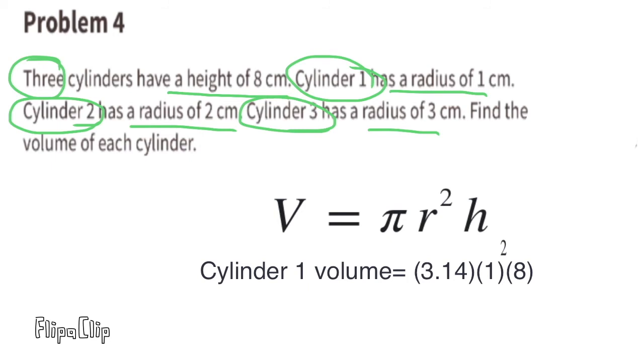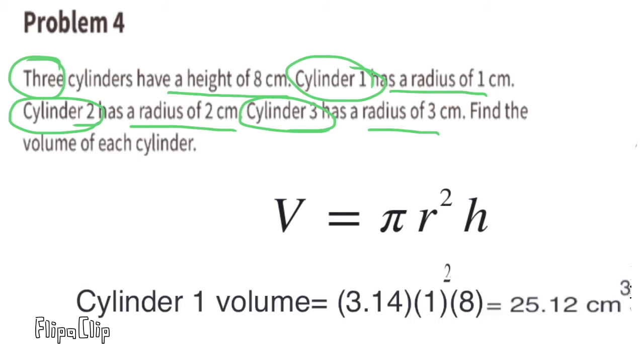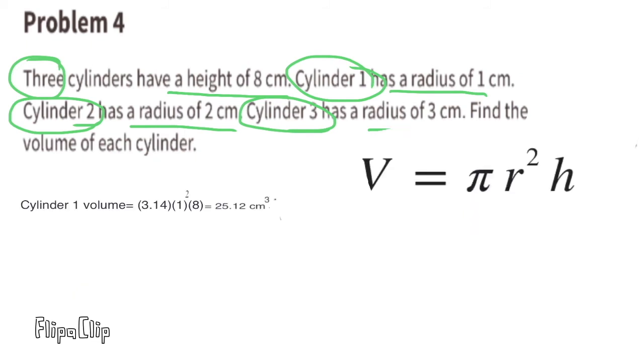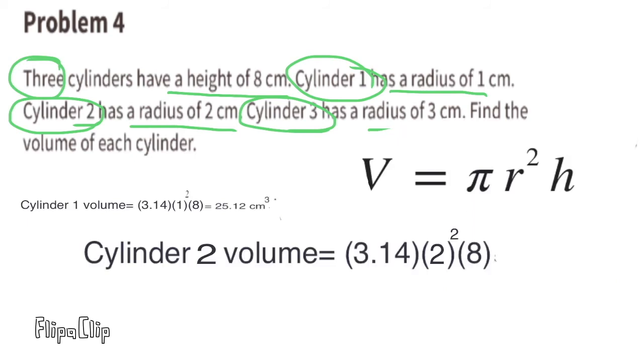times 8 centimeters. Cylinder number 1 has a volume of approximately 25.12 centimeters cubed. Cylinder number 2 has a radius of 2 centimeters, so we'll multiply 3.14 times 2 squared times 8.